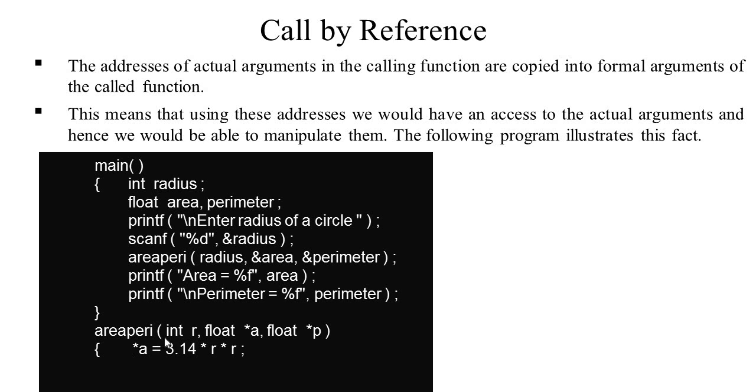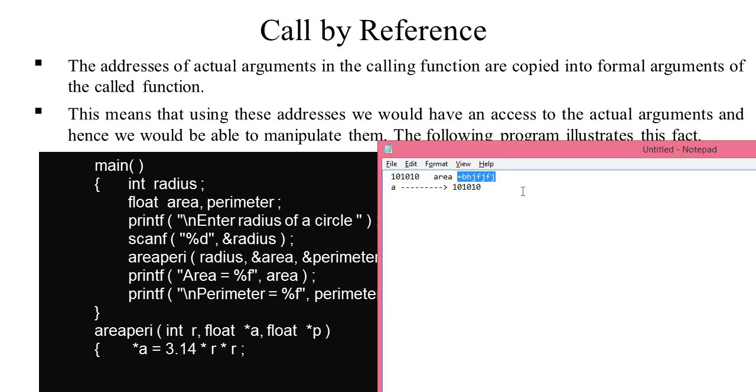Now over here, what is the expression, 3.14 multiplied by r square? So what will happen? For example, after calculation of the expression, if area is like 25, then this a points to this memory location, and this value is stored into a. So what does it mean?